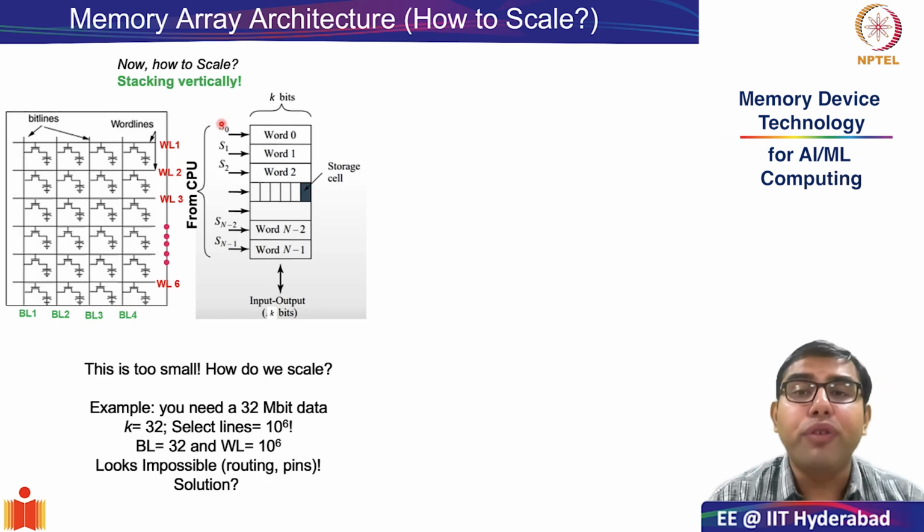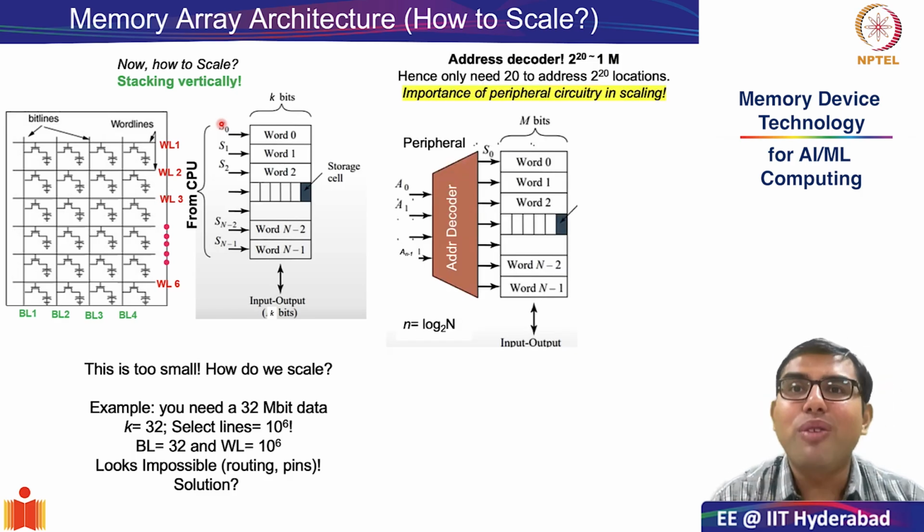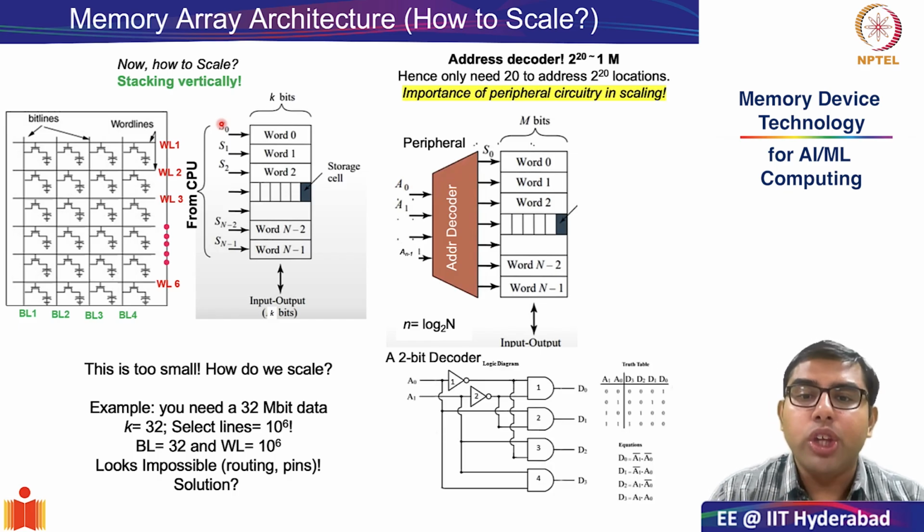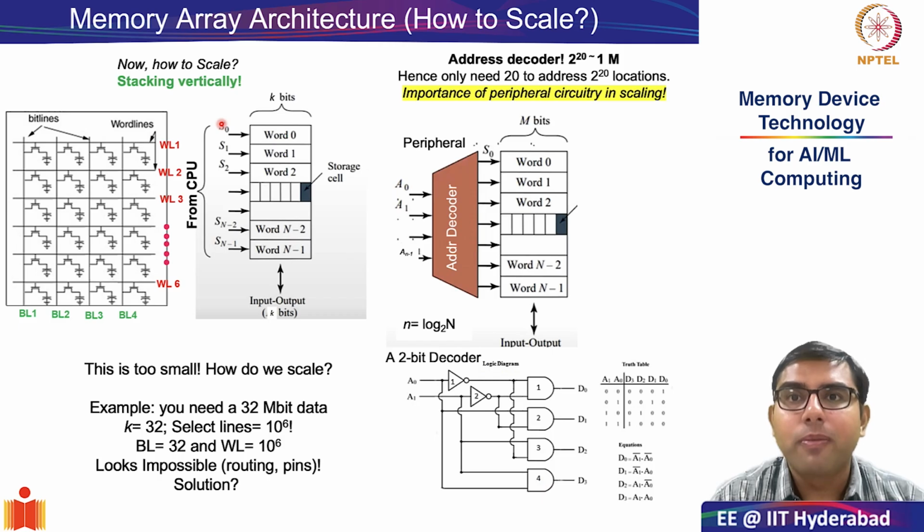And for all of you who are very familiar with digital design, you will know that through a very simple digital circuit called the address decoder, or the decoder, you can send n inputs and you can select one of 2 to the power of n outputs.